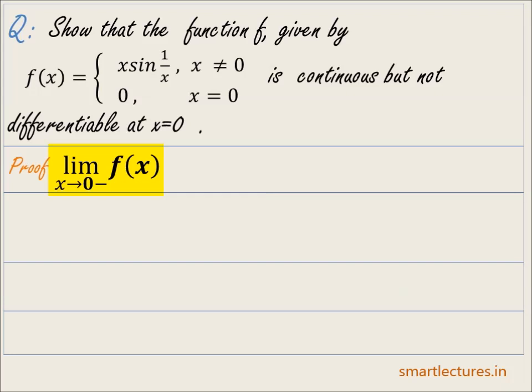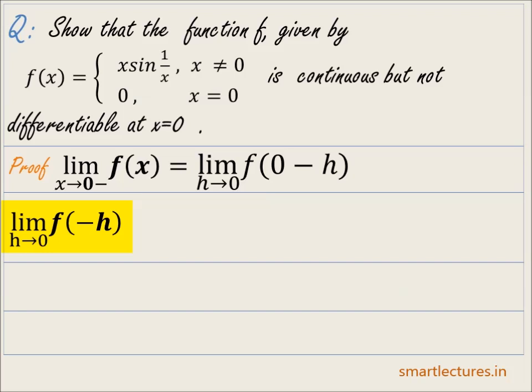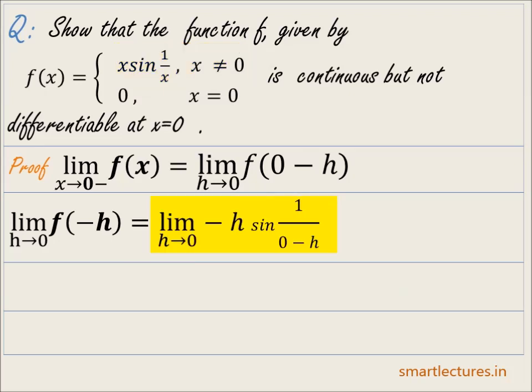So this limit can be also written as limit h approaches 0 f of 0 minus h, which is equal to limit h approaches 0 f of minus h. And when x is not equal to 0, then f of x is equal to x into sine of 1 upon x, which is equal to limit h approaches 0 minus h into sine of 1 upon minus h.